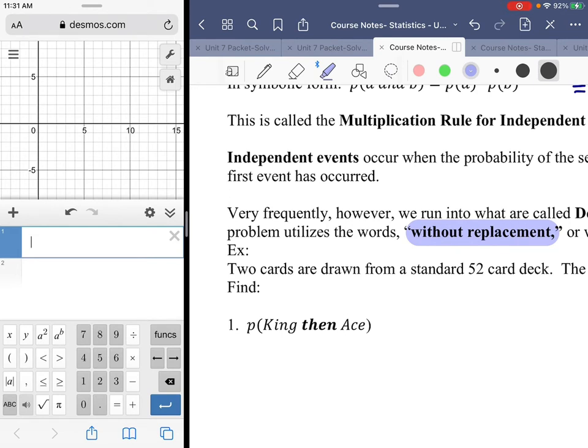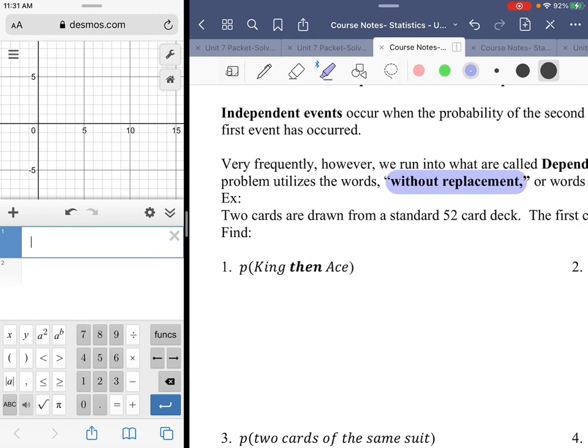card. So if we're looking at something like a king, then an ace, we're saying specifically, I want the probability of getting a king, and then knowing that we got a king, we want the probability of getting an ace.